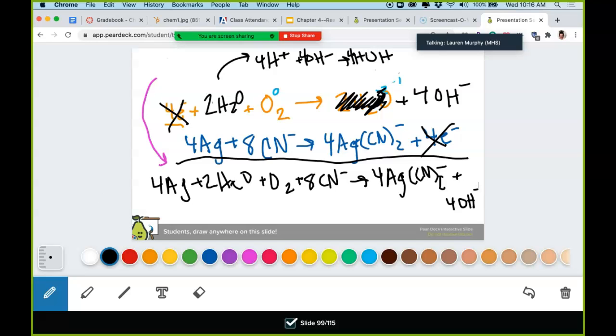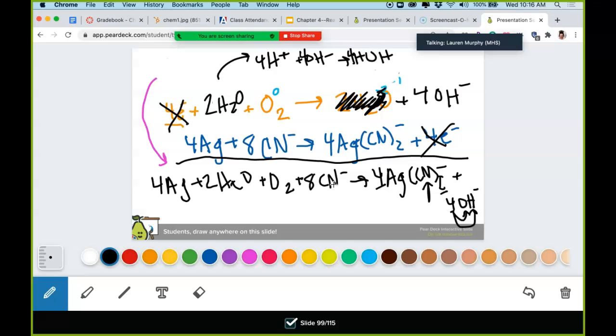So let's see if everything is balanced. 4 silvers on the left, 4 silvers on the right. 4 hydrogens on the left, 4 hydrogens on the right. 2 oxygens plus 2 more oxygens is 4 oxygens. 4 oxygens. 8 cyanide. 4 times 2 is 8 cyanides.